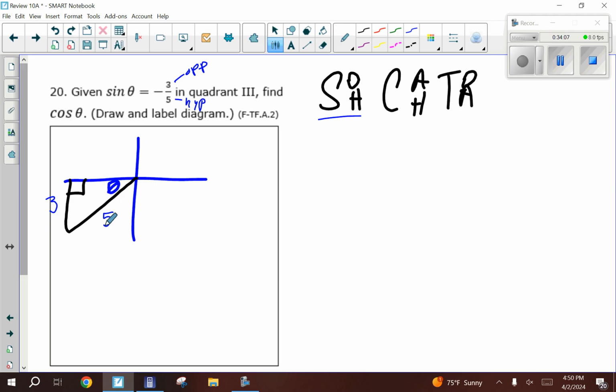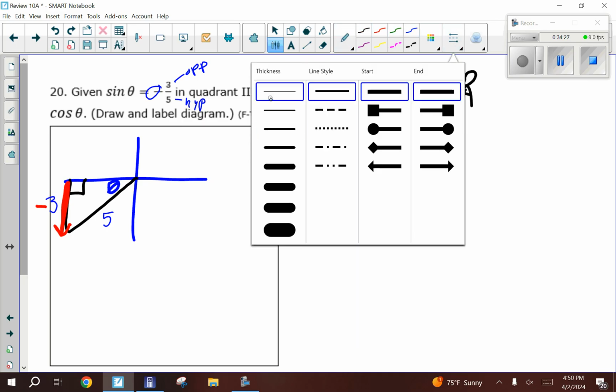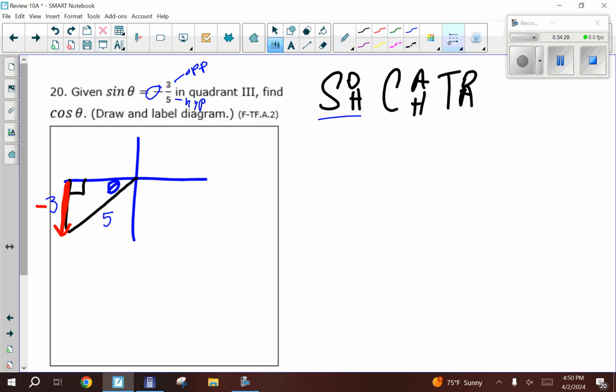Now here's the thing about this problem. It does have this extra negative right here. So we have to decide where it goes. Because we're in the third quadrant, your sine and your cosine, which means your x and your y value, is negative. So that means this answer right here is negative. So now that we have that, we can go and do a squared plus b squared equals c squared.